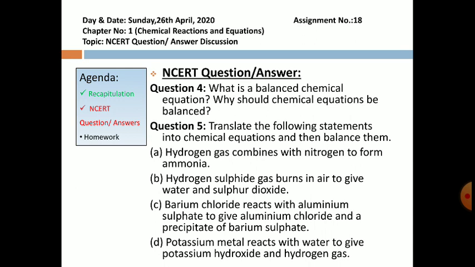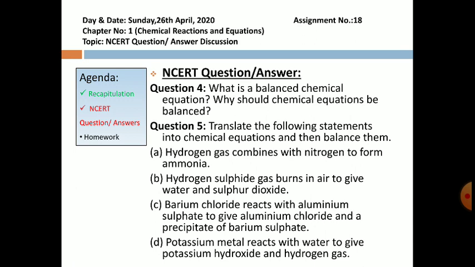Coming to question number 4. What is a balanced chemical equation? Why should chemical equations be balanced? In this, you have to write the definition of a balanced chemical equation and the importance of balancing it. A chemical equation which has an equal number of atoms of all the elements on both sides, that is in reactants and in products, is called a balanced chemical equation.